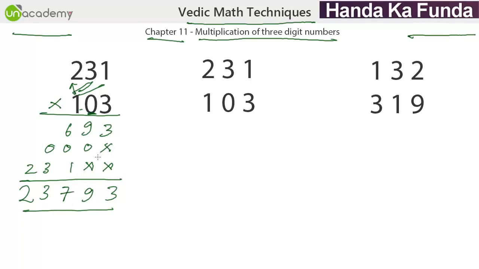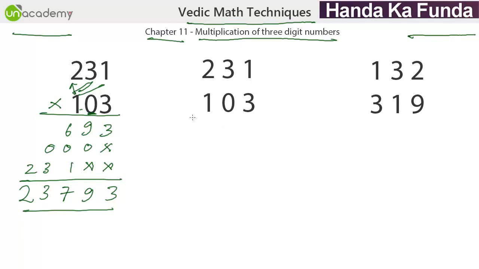As you can see, this process involves a lot of calculations, a lot of writing down, and then finally adding up. This tends to waste a lot of time. Now notice very carefully how I do this. I learned this technique from books on Vedic Maths and various other places. These make your calculations a lot faster.